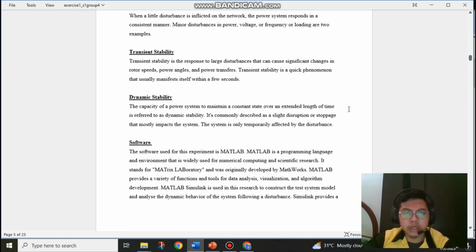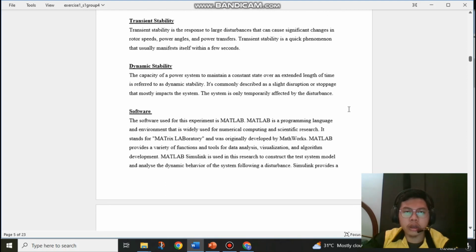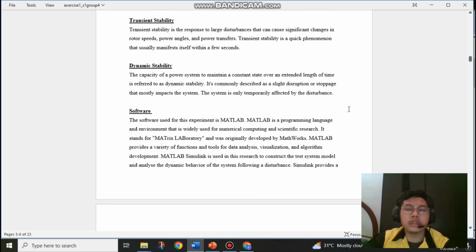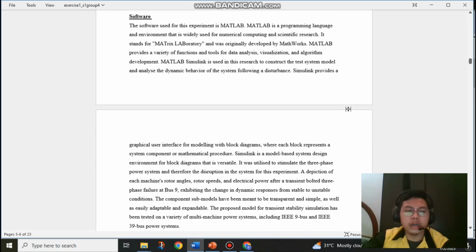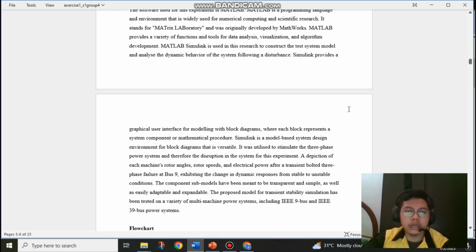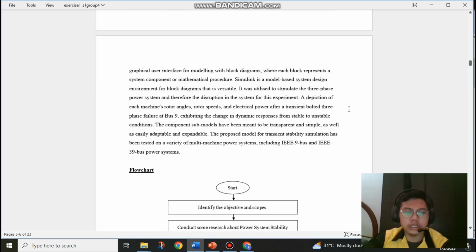In this experiment, we use the MATLAB software as it provides many tools that can be used for data analysis and visualization. The MATLAB Simulink is used to create the model for this experiment, and then we obtain the end result when we do the simulation.